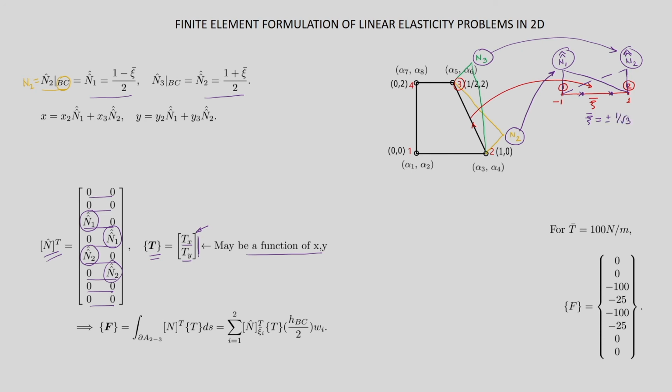At these 2 points we have to evaluate t, and we have to evaluate this matrix also. This matrix has already been written in N1 double hat and N2 double hat, which are functions of xi bar, so we can easily calculate it by putting in the value of xi bar.